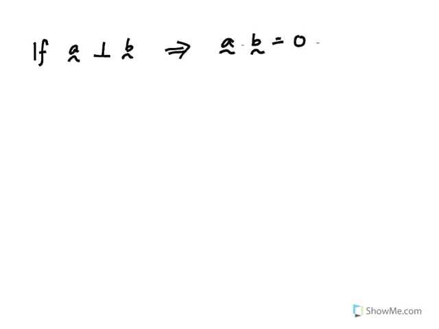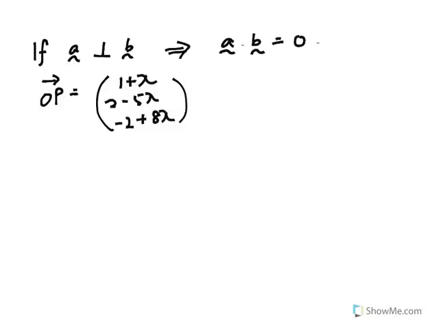Based on what we've done earlier, OP is equal to 1 plus lambda, 2 minus 5 lambda, and negative 2 plus 8 lambda. What's next? We need to find AB.